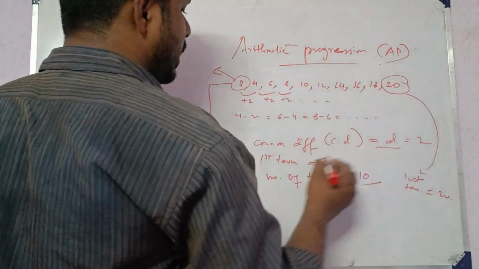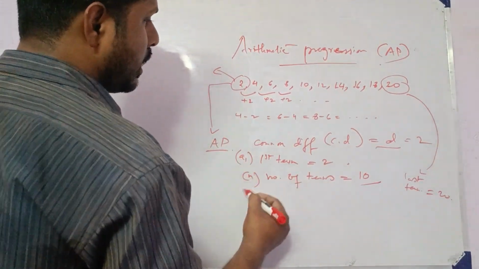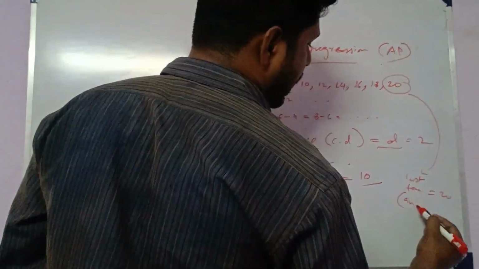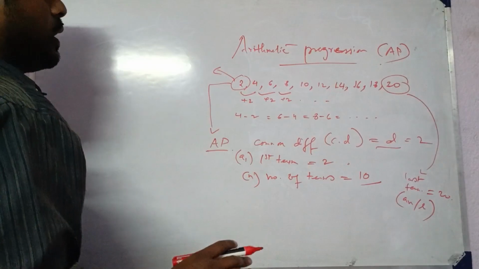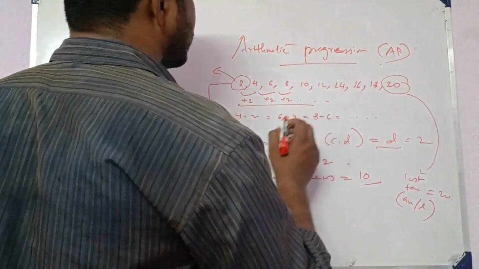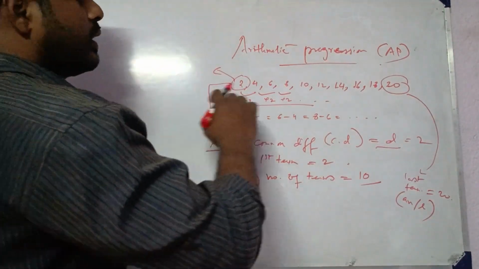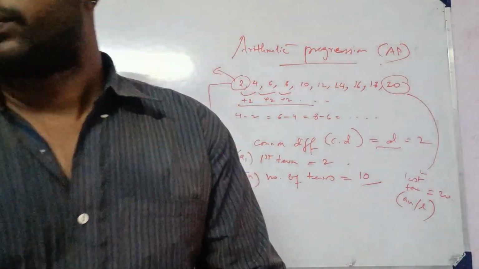So the common difference is denoted by D, the first term is generally denoted by A or A1, the number of terms is N, and the last term is AN or L. Okay, so this is an AP. Now, will the difference always be positive, meaning will it always be an increasing sequence? No, it may be a decreasing sequence also.